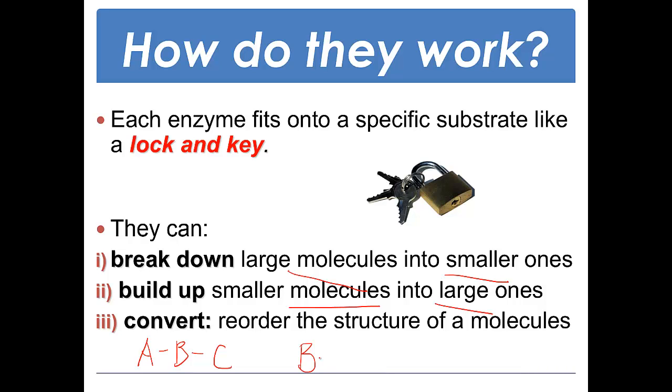Let's say it looks like B, C, A at last. So this is of course a completely new substance, but with the same size or same mass as the previous molecule. The order is different, so of course this is a different substance. That is the last function an enzyme could have. It's called convert.